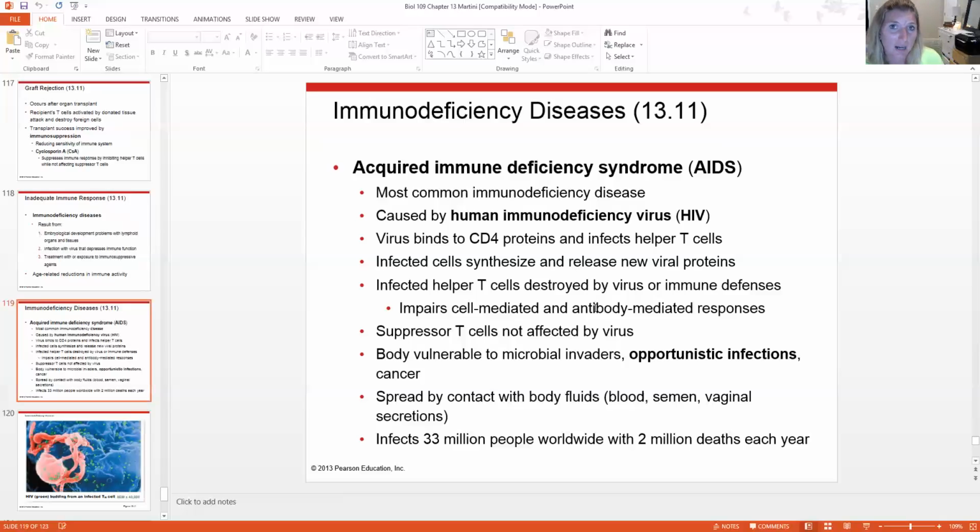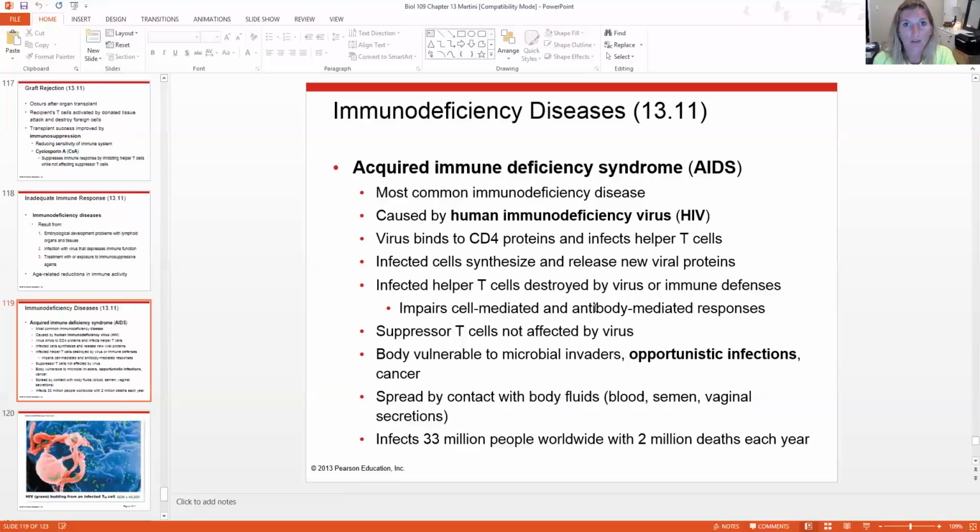what does generally happen with people that have suppressed immune systems, in this case, they would be more susceptible to opportunistic infection. So people that have AIDS typically don't get sick from the AIDS. They're getting sick from the cold or the flu that you or I can fight off very, very easily. So HIV is spread through contact of body fluids, as we all know now, but back in the 80s, they didn't know how it was spread.